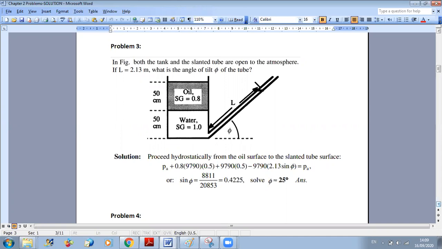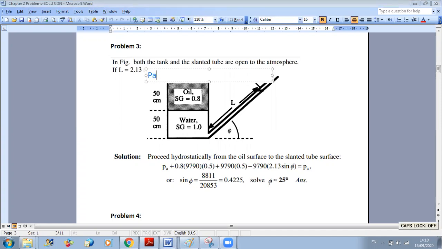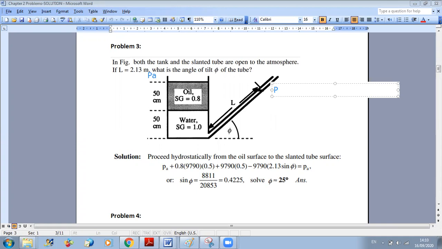In order to do this, we will relate pressures at these 2 points, here and here. Because these two levels are exposed to the atmosphere, the pressure here is P atmospheric, and since it's an open tube, the pressure here is also PA.